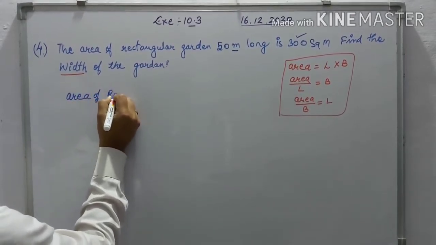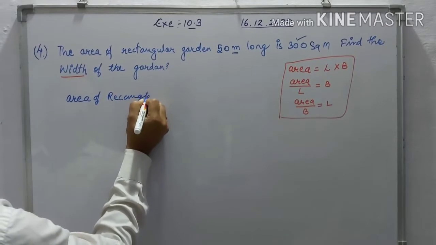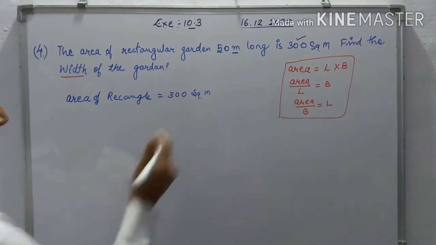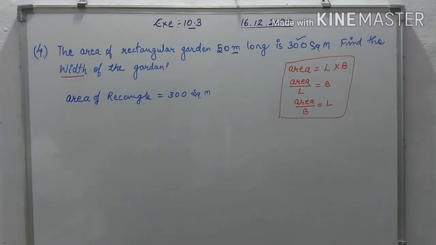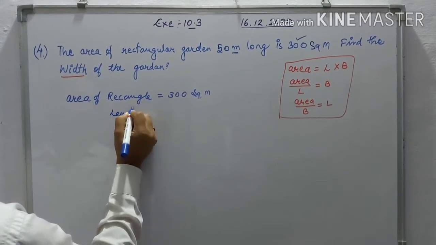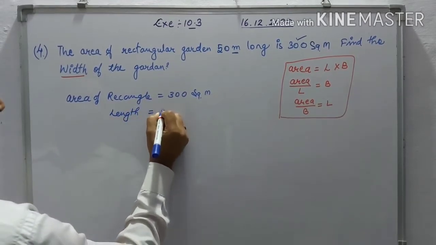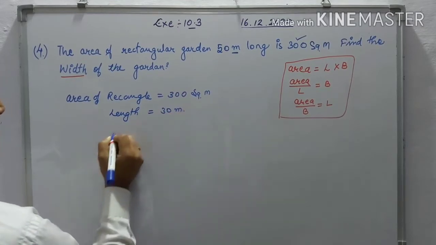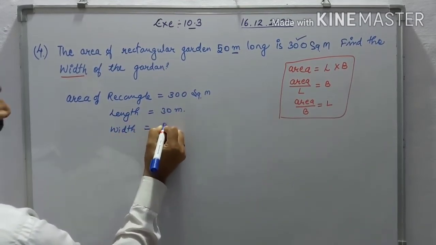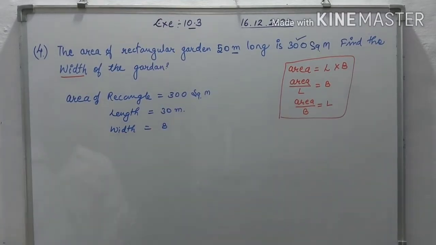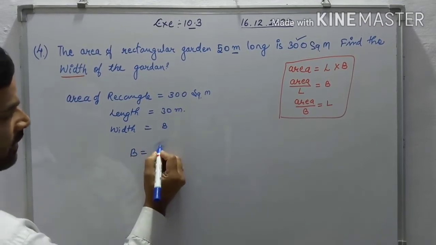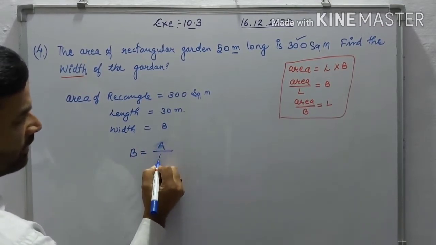Okay, now the area of rectangle is given 300 square meter, and length is 50 meter, and find the breadth, denoted by B. So you write B is equal to area upon length.